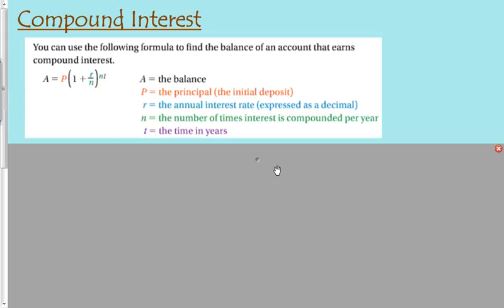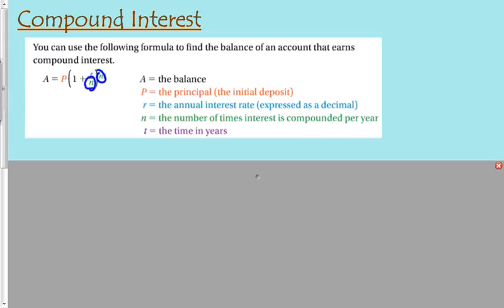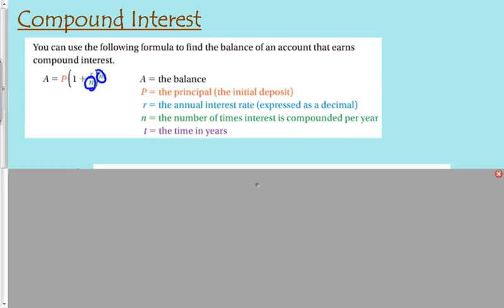And then in the parentheses, it's 1 plus the annual rate divided by the number of times it compounds each year. So we're adding that in there. And then t is still going to be the number of years. So the parts that are different are this n here and this n here. That's the difference between this and just regular exponential growth.